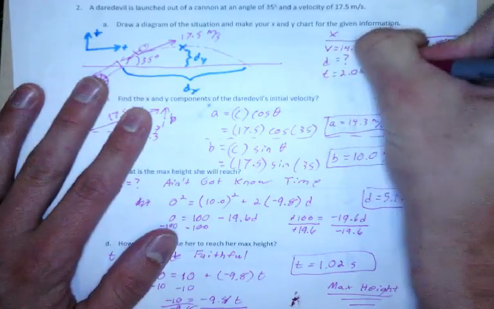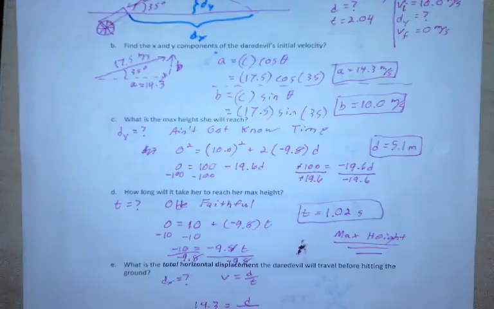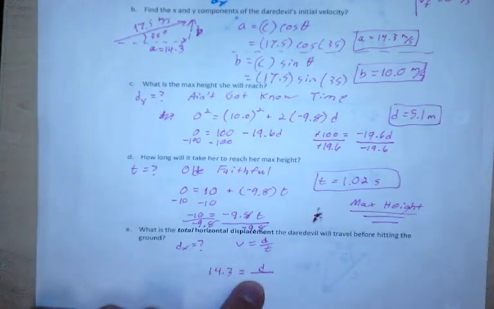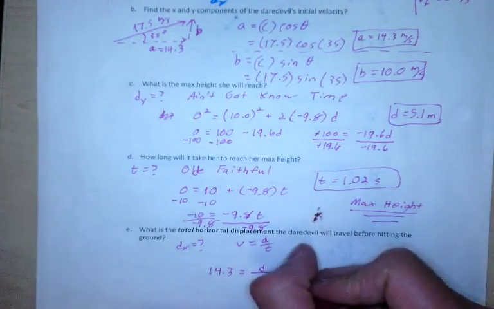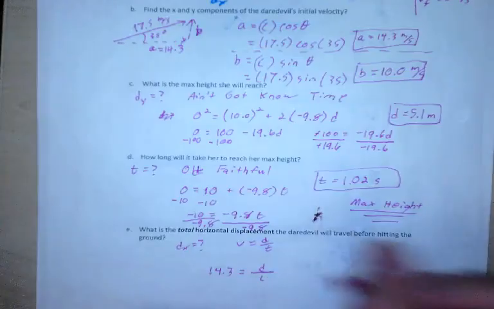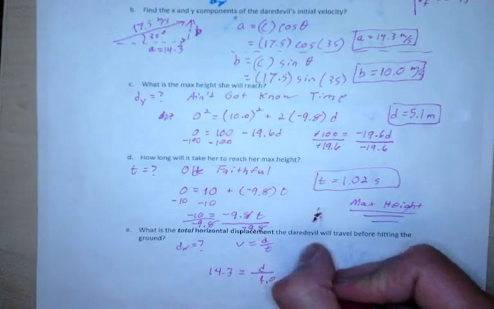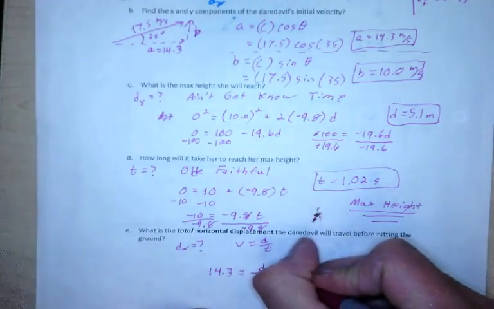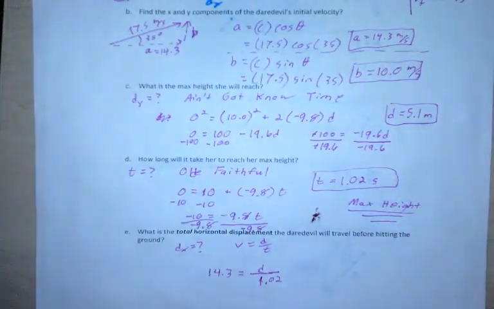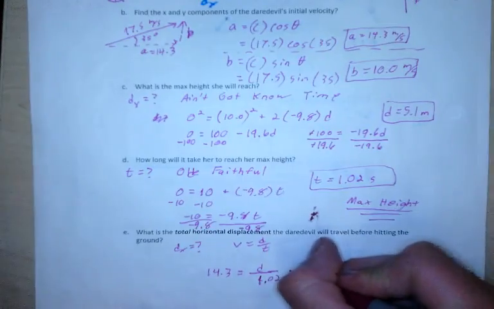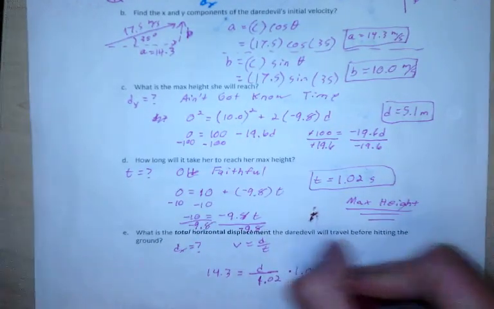Now, some of you would just solve this and then double your final answer. That's fine. If you need to do that, just be careful that you're doubling at some point. Okay, so you're going to multiply the 2.04.